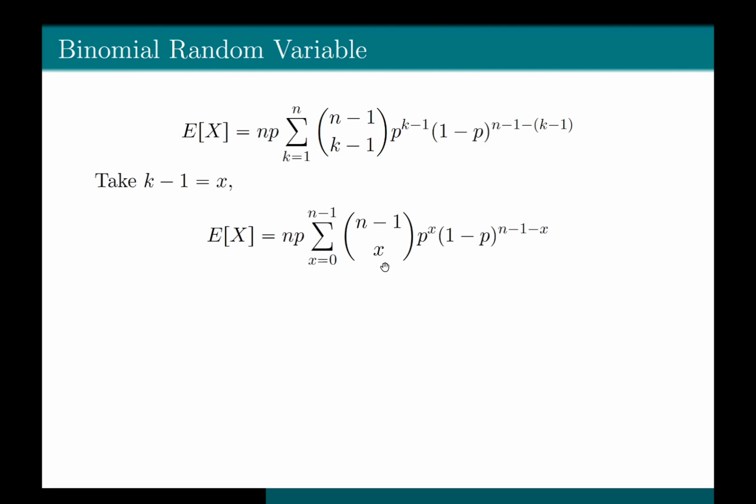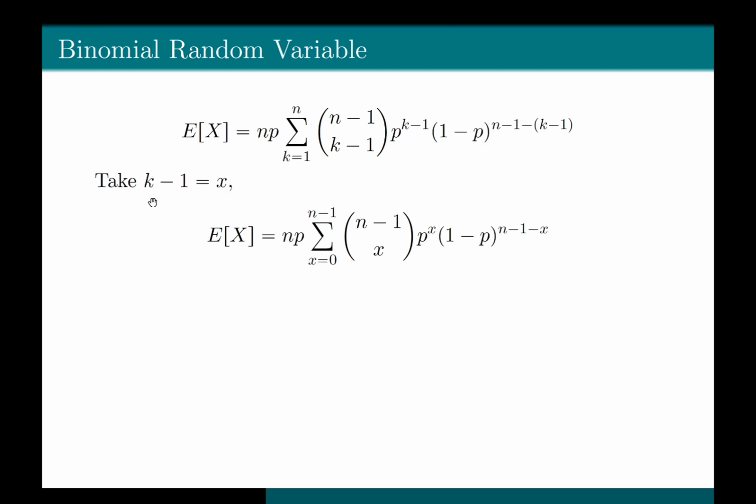And now, most important thing, here the sum starts from k equals 1 to n. Now, we are taking k minus 1 equals x. So now the series, we will have the summation over the values of x. Since we are taking k minus 1 equals x, the lower limit of x will become 0, because the lower limit of k is 1.